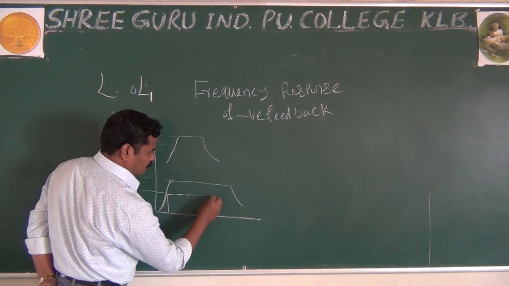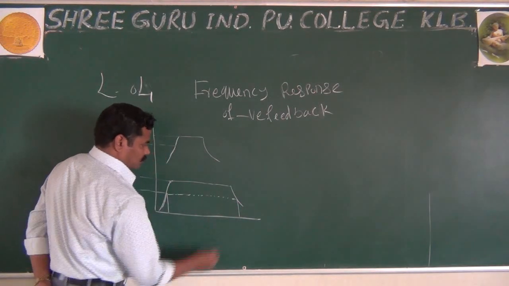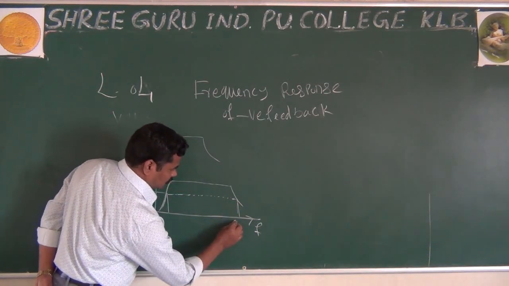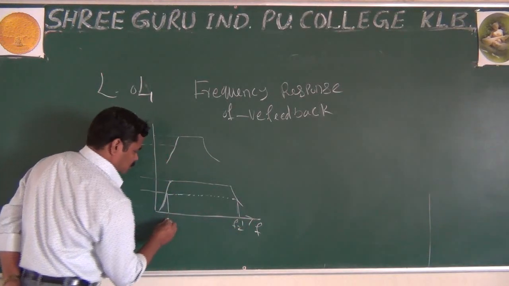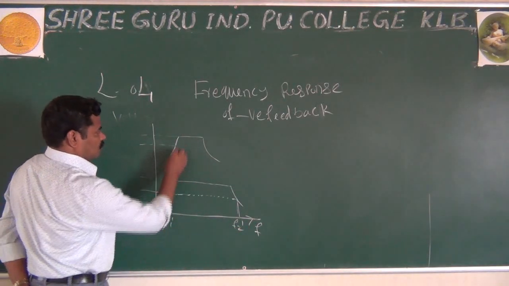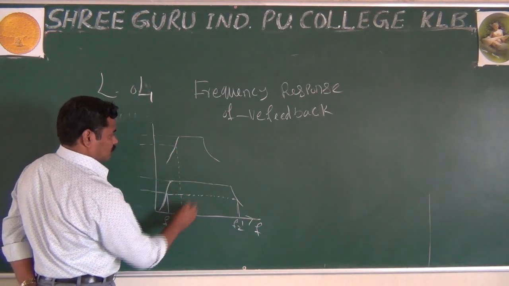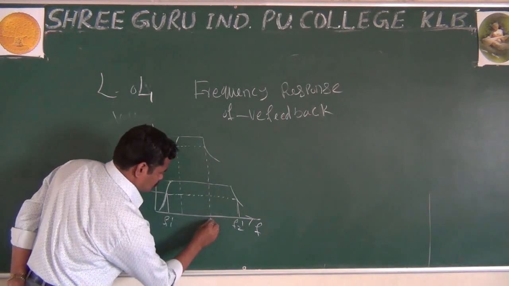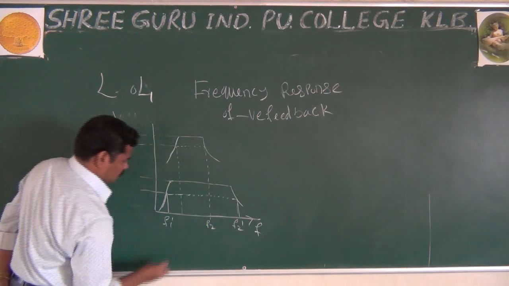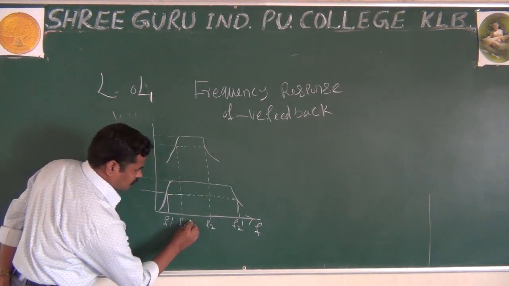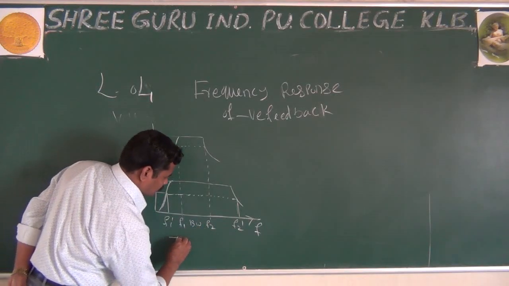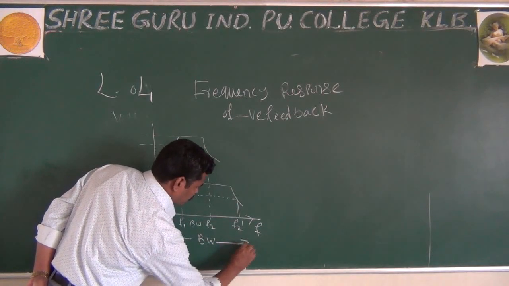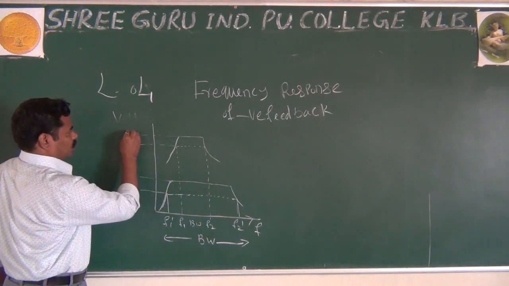This is your frequency response, and here it will be F2 dash, sorry, F1 dash, and this is the bandwidth. Here this is your AV maximum.